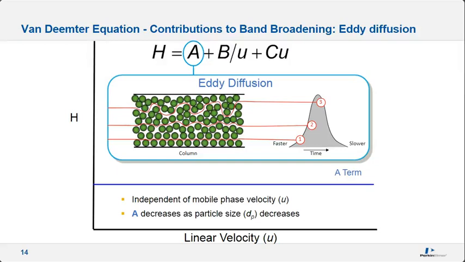An intermediate path generates 0.2, followed by the longest path of the diagram of 0.3. So we can see varying paths of the analyte molecules will generate the actual peak shape, or the width of the peak. The main factor here is as we decrease particle size, we also decrease the multipath effect. So we do get sharper peaks just based on the Eddy diffusion term by utilizing smaller particles.